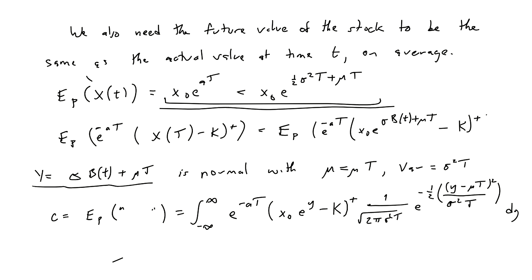We get that. This part is the fact that it is normal. The reason we're doing y minus mu t is because the mean is mu t. And since the variance is sigma squared t, we have that in the two places. So this is our second equation.